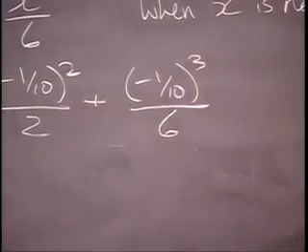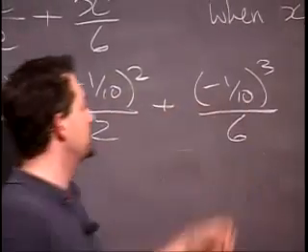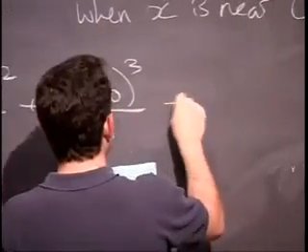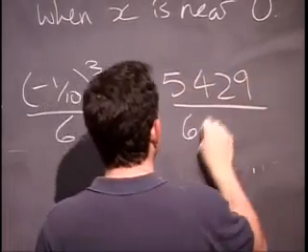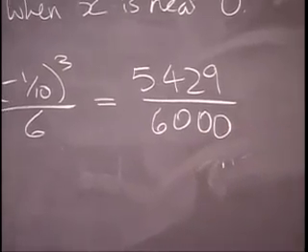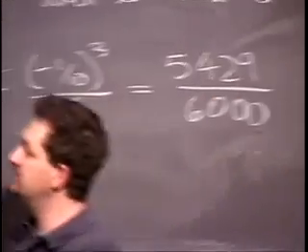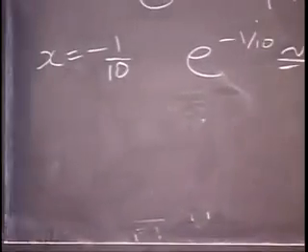This is a simple enough fraction that you can work it out. You expand this to 1/100th and minus 1/1000th, and you find out that it equals 5429 over 6,000. You could just do that by hand. So this is a fraction that turns out to be very close to this number, and yet that's almost impossible to compute without a calculator.